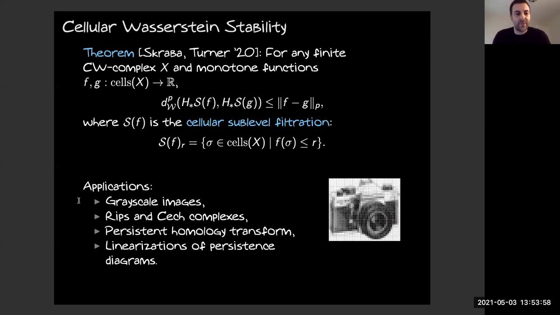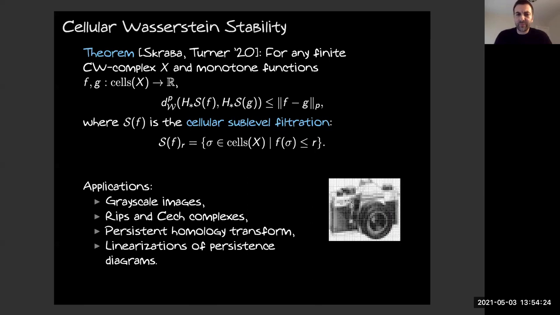And in this paper, the authors talk about a lot of applications. I guess there are 4 main classes of applications. To illustrate how natural this is, I just want to talk briefly about an application that they have to grayscale images, which is very simple. So imagine you have an image like this. People often do sublevel filtrations on the pixel intensities of a grayscale image and use that as an invariant in machine learning or some kind of data analysis.